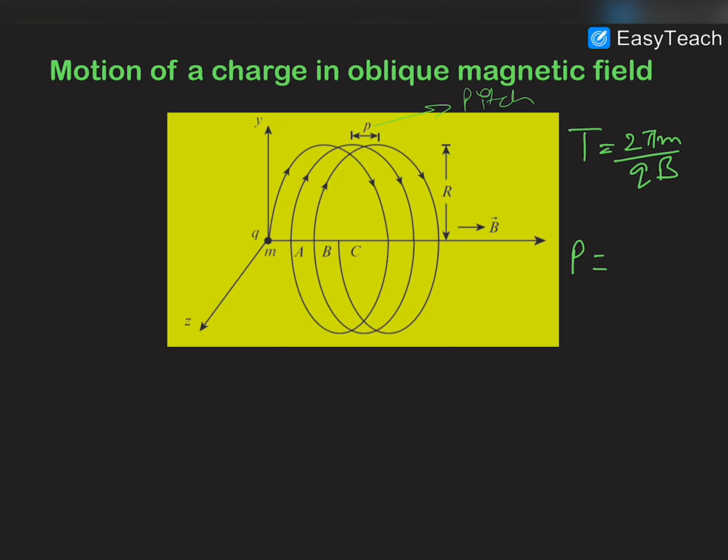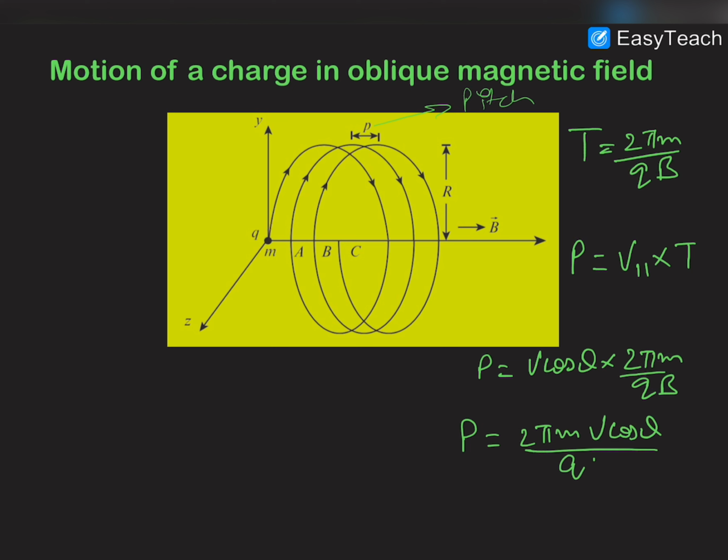And we also know that this distance is traveled by the particle due to V parallel, so we can say that pitch would be V parallel into T. So pitch will be equal to V parallel, which is V cos theta, into the time period, which is 2 pi m by qB. So P is equal to 2 pi m V cos theta upon qB. This is the pitch of the particle, or pitch of the helix.